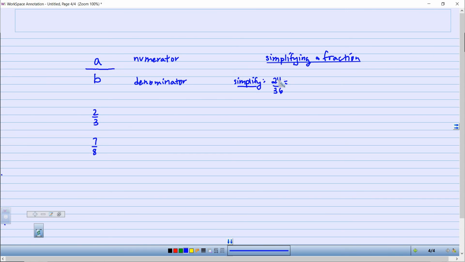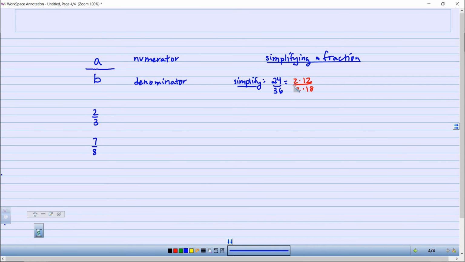But maybe I can write this fraction in a different way with smaller numbers where it is still equivalent. So I'm going to take that 24 and write it as, students always like to start with 2, 2 times 12, and then 36, you may not know, is 2 times 18, right?